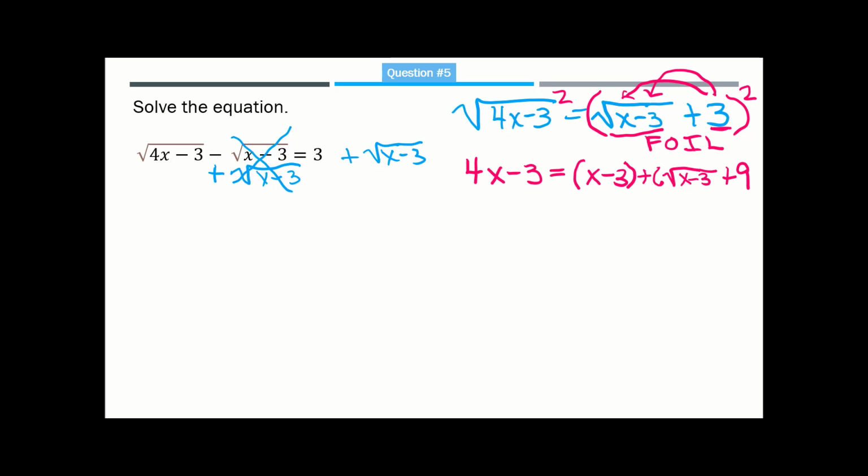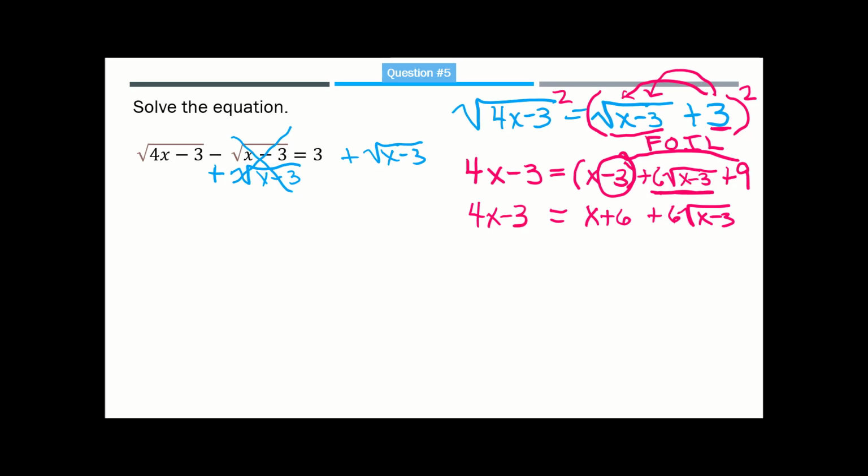Now we've got to keep this by itself. It will not combine with these constants, but 9 minus 3 is 6. So we have x plus 6 plus 6 square roots of x minus 3 on the right, I'm sorry. And then we have 4x minus 3 on the left.